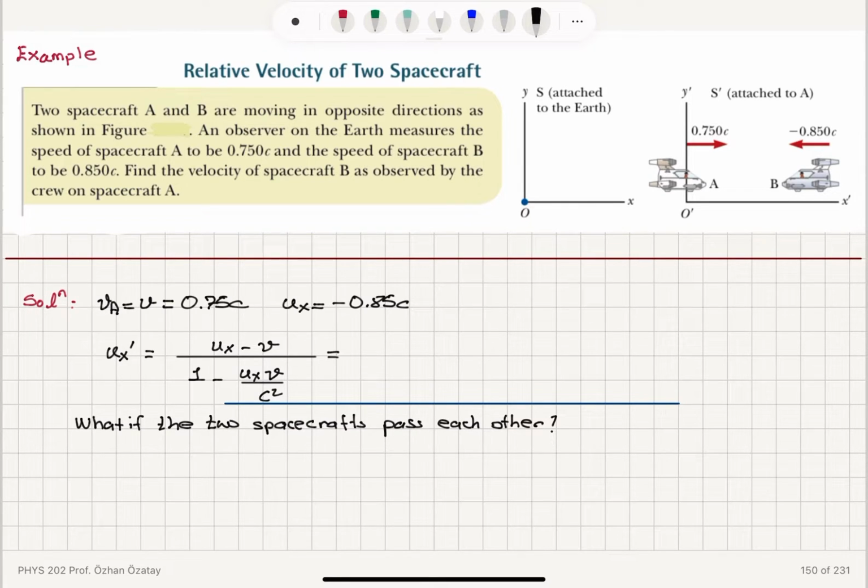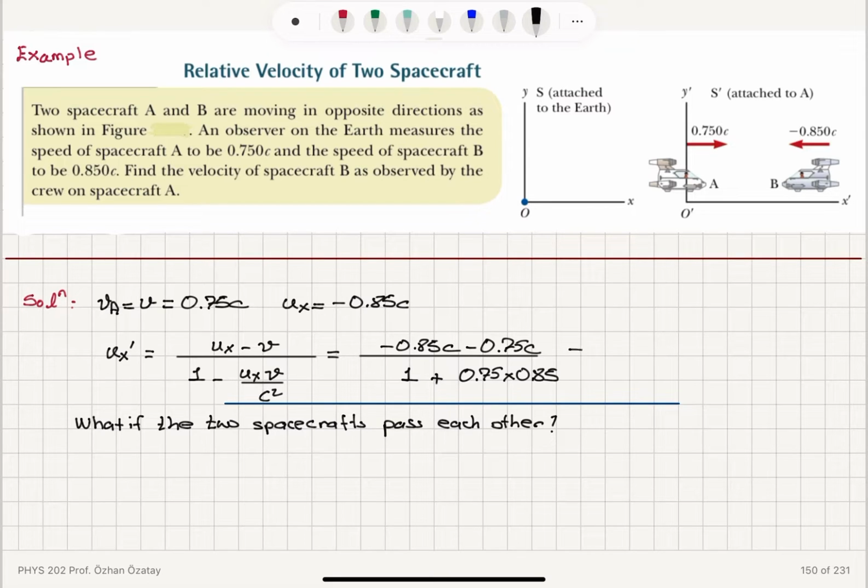So this would become the velocity measured by the S reference frame, minus 0.85c, minus the relative velocity of A with respect to the S reference frame, 0.75c, divided by 1 plus 0.75 times 0.85, because ux is equal to minus 0.85c and v is equal to 0.75c, and the c squares cancel.